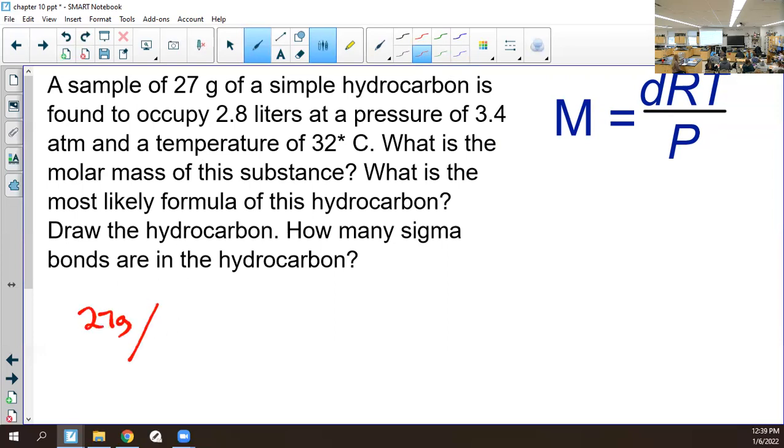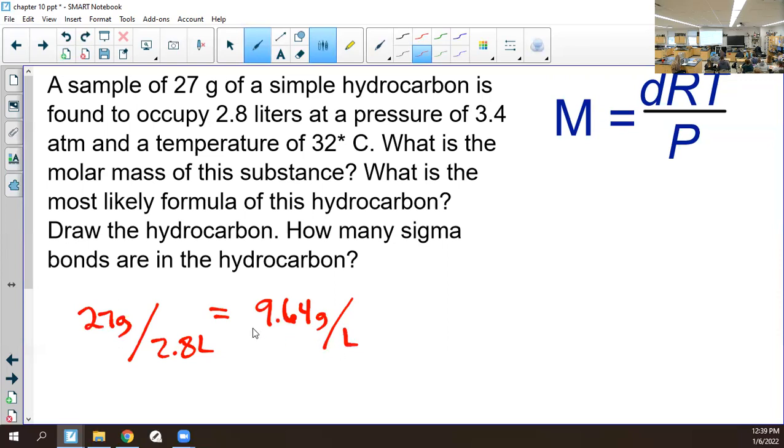The volume is 2.8 liters. That's 9.64 grams per liter.